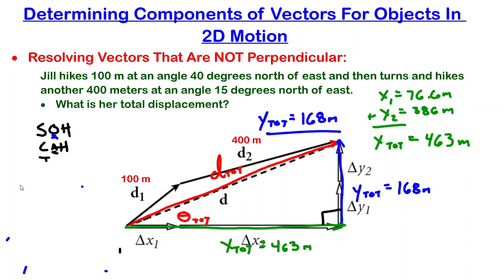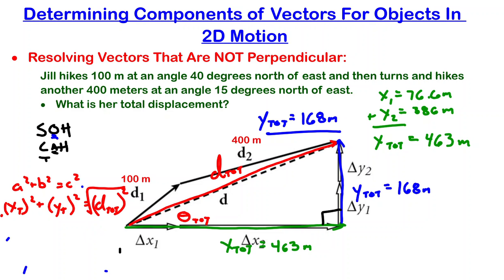So we're going to use the Pythagorean theorem, right? a squared plus b squared is equal to c squared, where this is x total squared plus y total squared is equal to d total squared. So square root both sides.